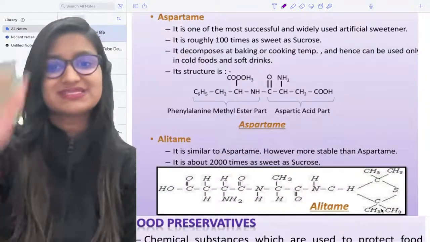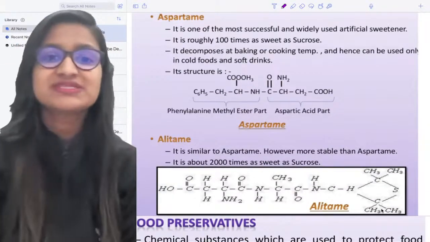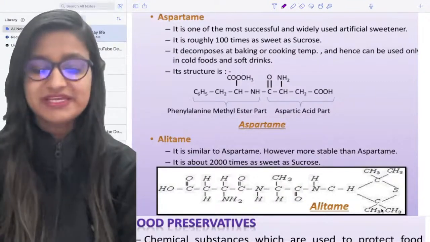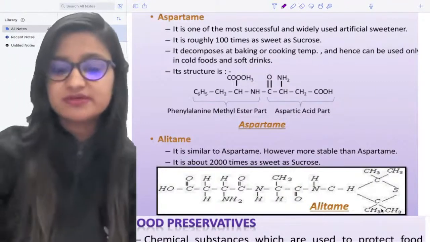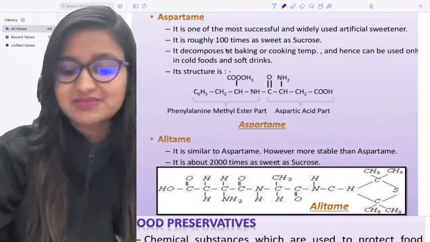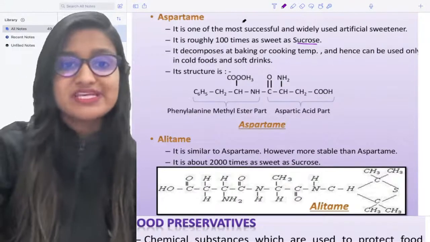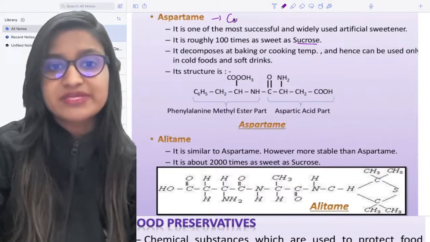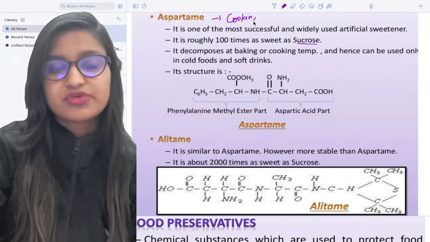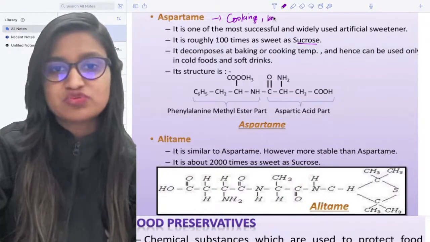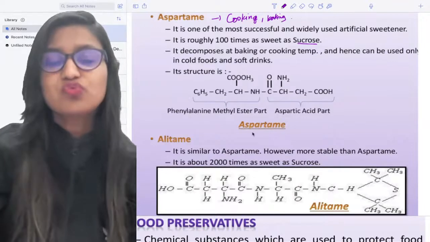Now aspartame is the most successful and widely used artificial sweetener, and it is 100 times as sweet as sucrose. ठीक है, but now aspartame जो है उसको आप कुकिंग टेम्परेचर पे, कुकिंग में, बेकिंग में इसको यूज़ नहीं कर पाओगे. क्यों?